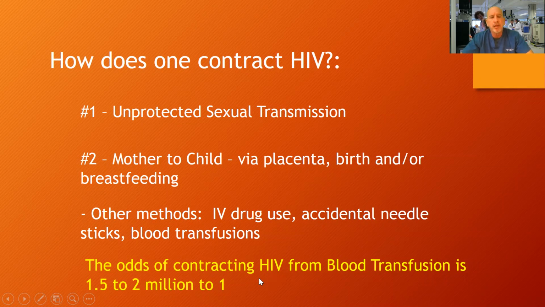If somebody ever asks you about that, the odds are 1 in 2 million of contracting HIV from a blood transfusion. We can't tell them absolutely no, you have absolutely no chance of getting HIV from a blood transfusion, but the odds are about 2 million to 1. So it's very, very unlikely that you will; your odds are probably better playing the lottery.